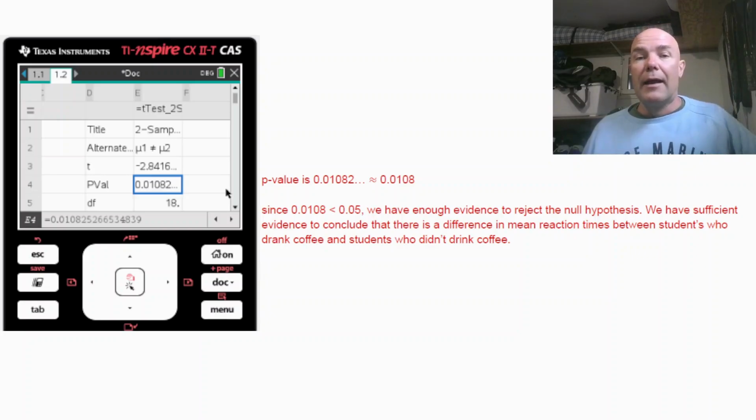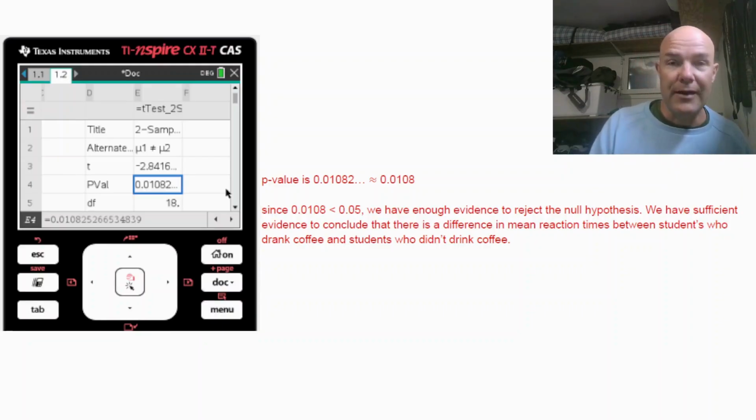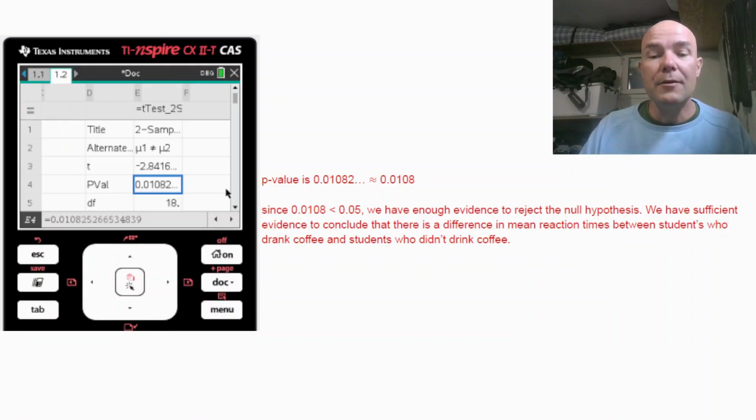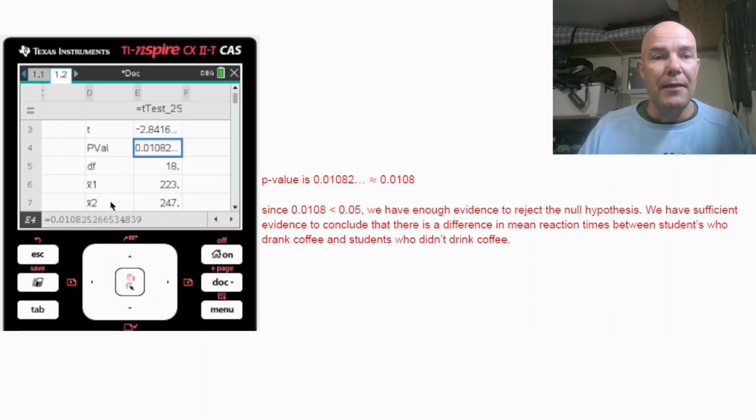Now, if we would like to answer further whether the mean value is greater or smaller, we could look at the mean values also given here in our calculator. If I go down here in the calculator, you can see there is a mean value for group number 1, and there is a mean value for group number 2. And of course, you would have to know which one is which.